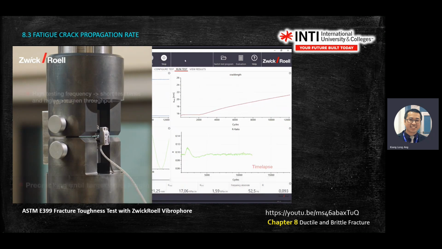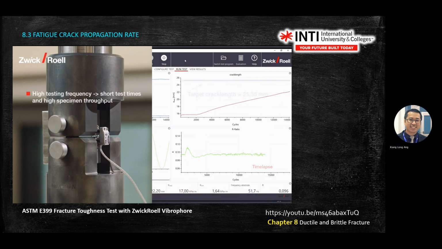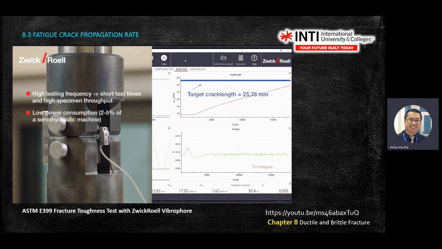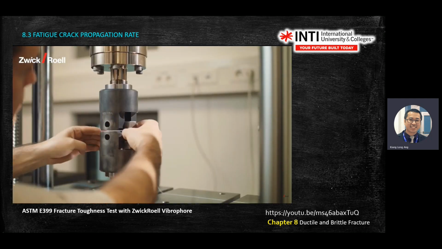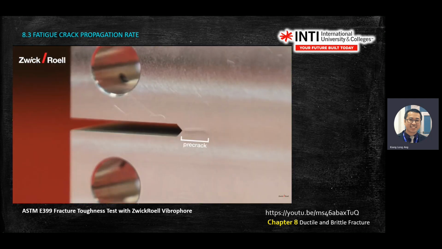This happened very fast, although you don't see anything here. It happened very fast. And you see the graph is number of cycle versus the crack length. Crack length measured by the extensometer. This is a pre-crack.